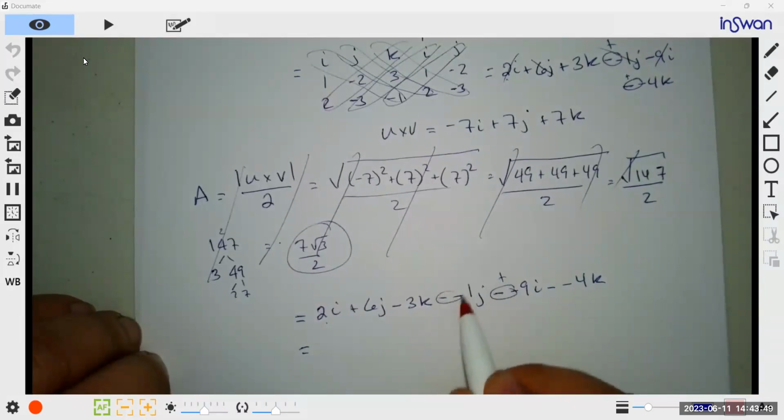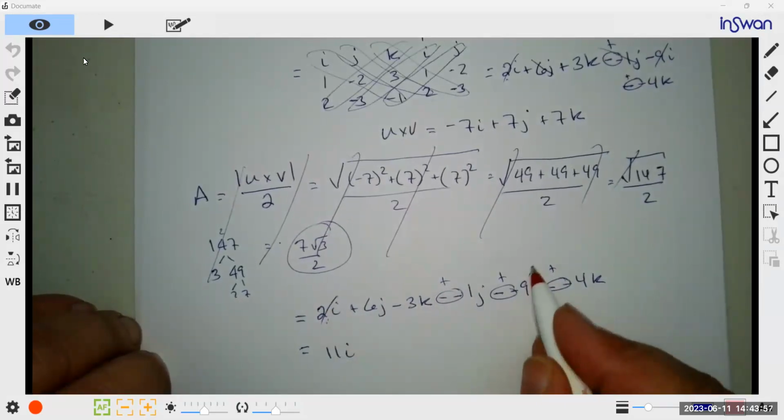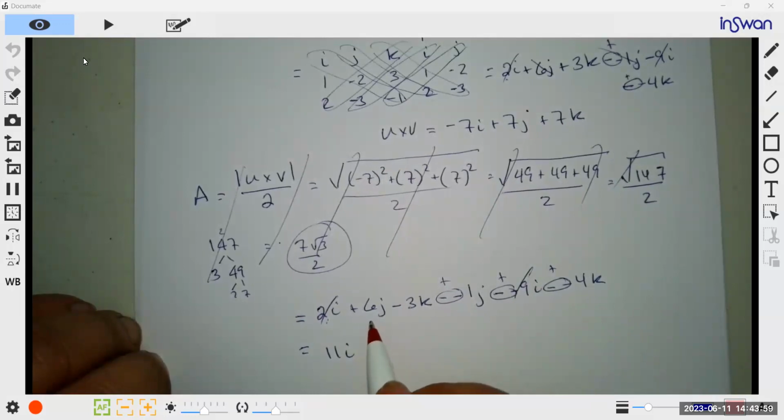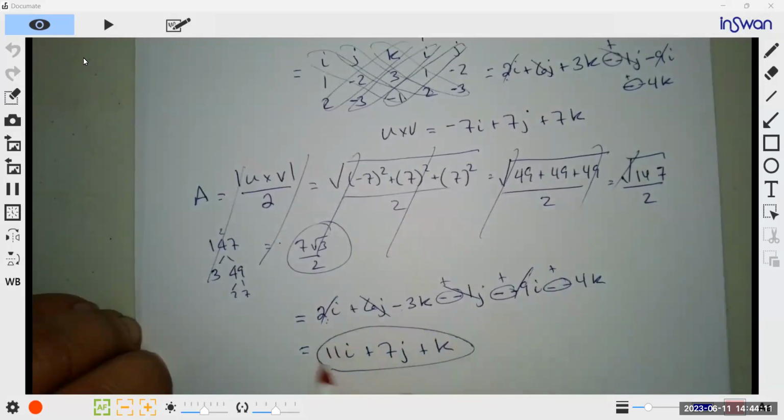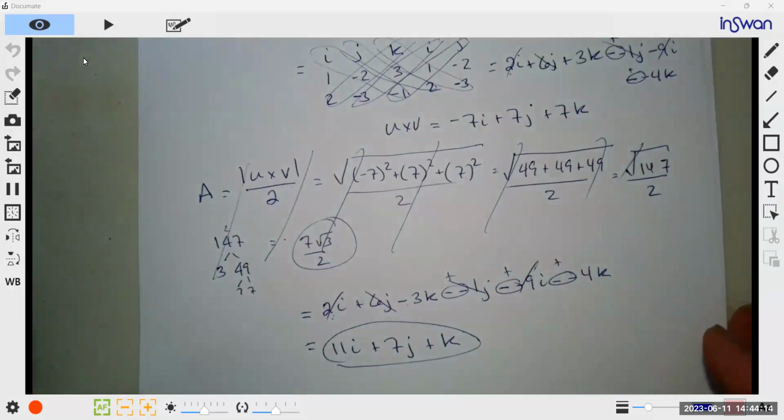This becomes a plus, this becomes a plus, and that becomes a plus. So 2i plus 9i is 11i. 6j plus 1j is 7j. -3 plus 4 is +k. So it's 11, 7, 1. Okay, so that's good.